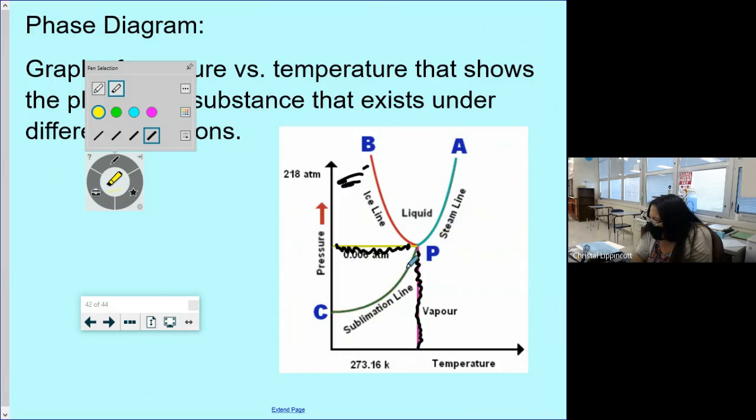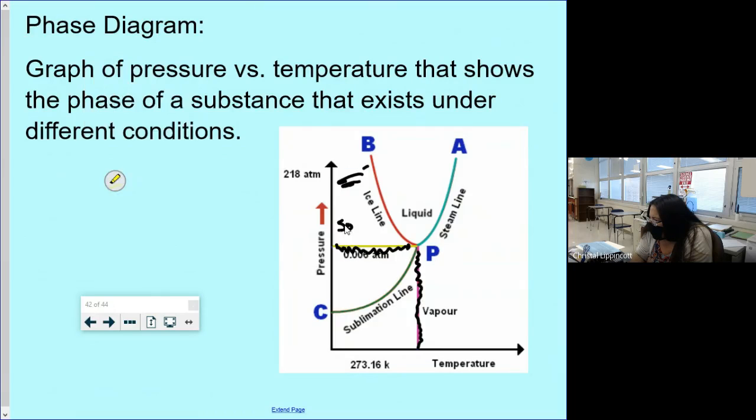This section here would all be solid. The section down here and all up here would all be a gas, and that's why they put vapor here. And this section they have labeled as a liquid.